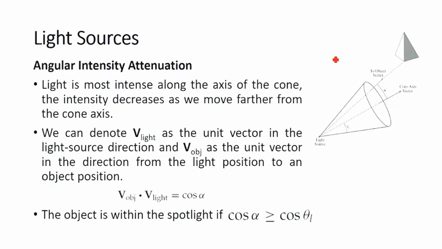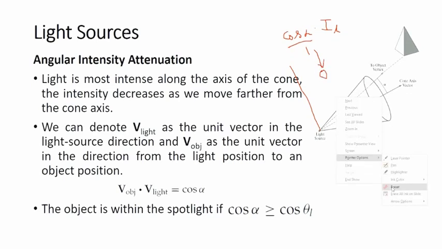So if I take cos alpha into the light intensity, when the angle is 0, it receives 1. But if the angle moves away towards 90 degrees, then the intensity that the object receives would tend towards 0. So that's the idea of using cos here.